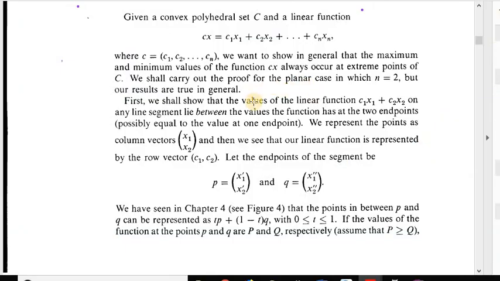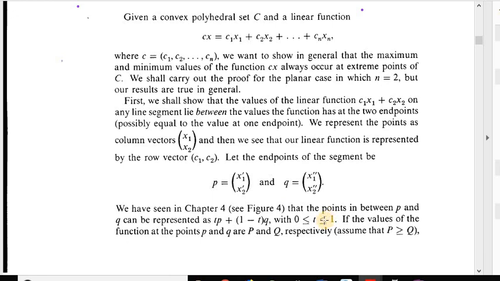All right, so let's continue with the discussion. Here he does column vectors, I'm doing row vectors, it's the same thing. Okay. So we've talked about how any point in between P and Q is what we call a convex linear combination of P and Q. It's T times P plus 1 minus T times Q, where T is between 0 and 1.